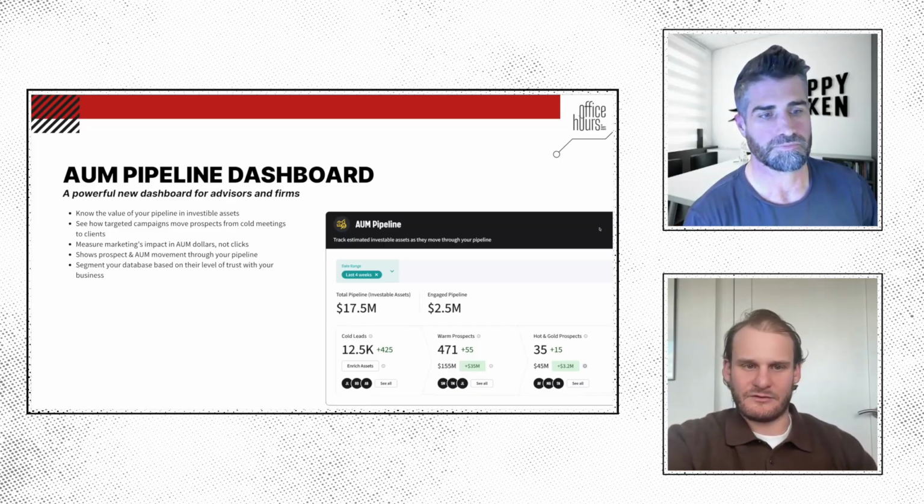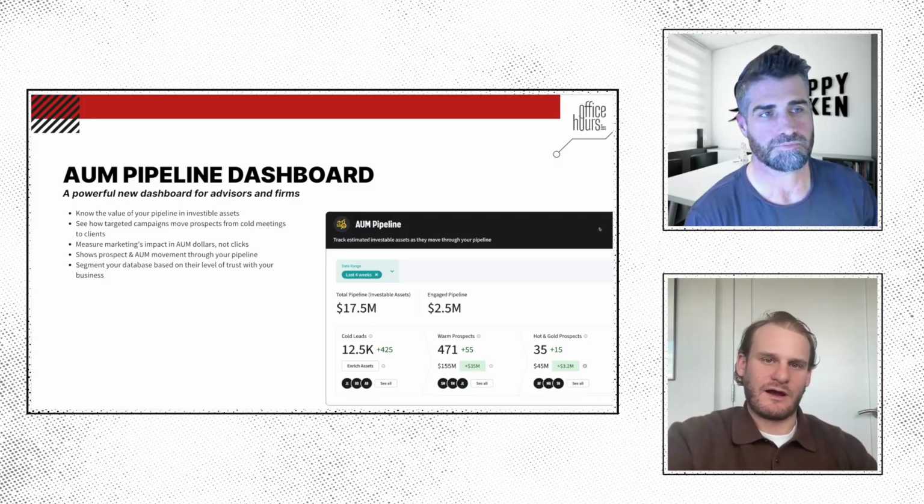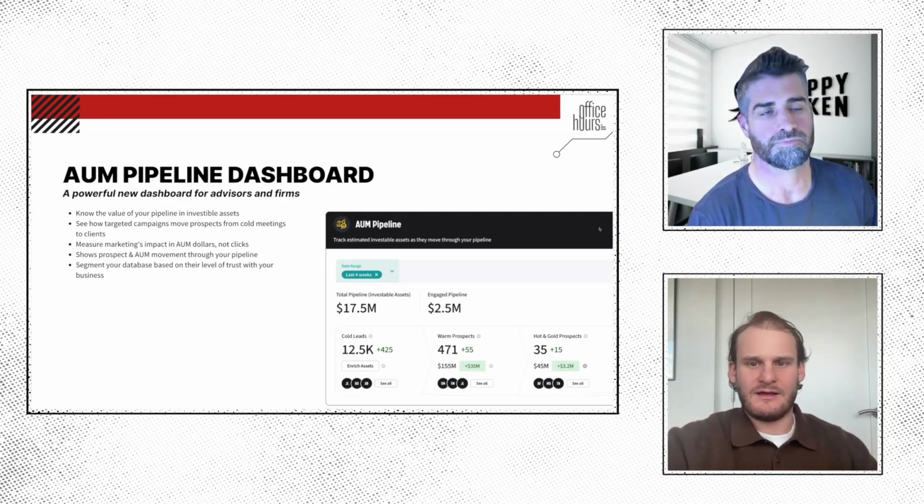That's the level of a contact within the life cycle that you'll want to know how much investable assets they have, so that you can focus your more tactical, hand-on-hand communication and outreach accordingly.